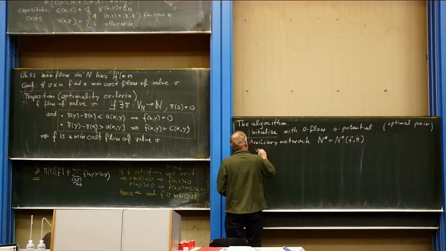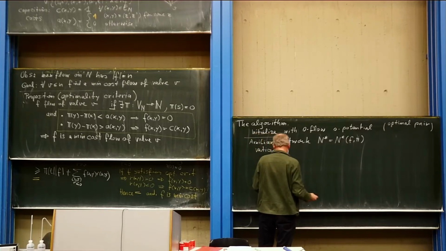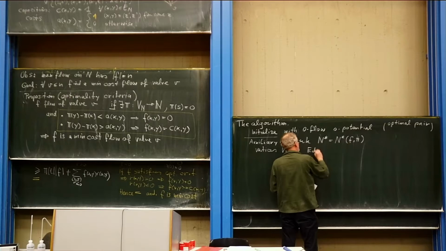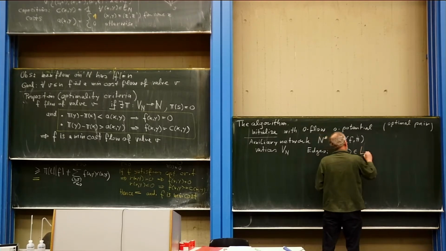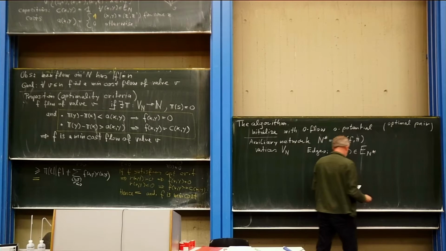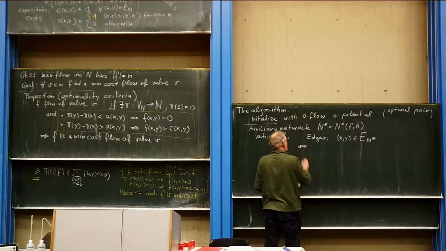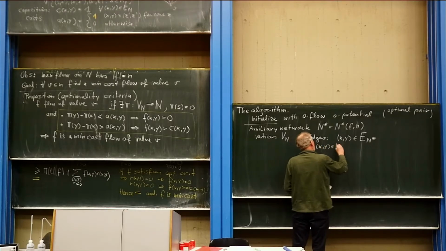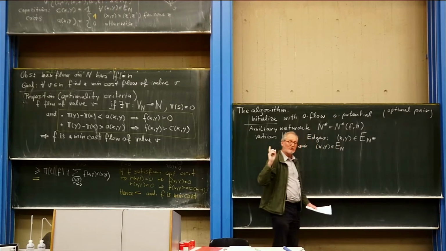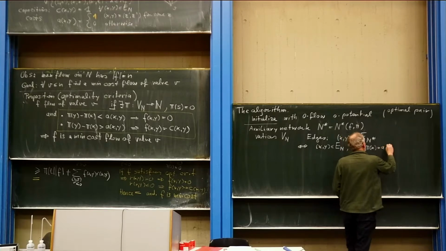The vertices, well, we just take the vertices of our original network, and the edges, we put an edge xy into this network if and only if, so case 1 is that this is an edge in the original network, and we have pi of y minus pi of x is equal to the cost of this edge.